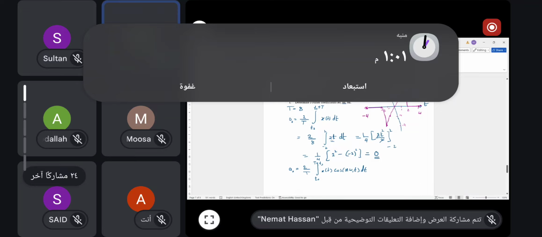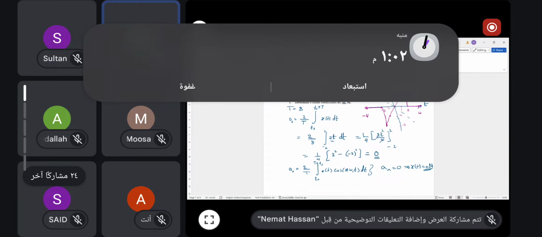Is it odd or even? Do you notice that this function is mirrored? It's odd, right? And a0 is 0 because it's odd. So therefore, without further calculation, an is equal to 0 because x of t is odd, right?